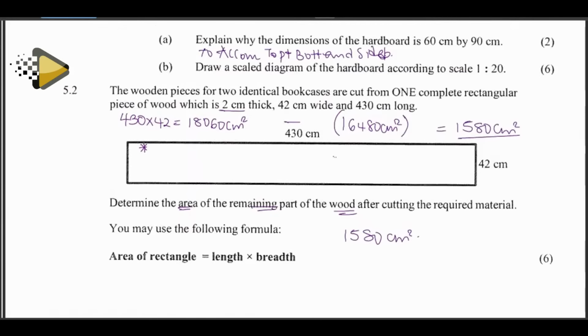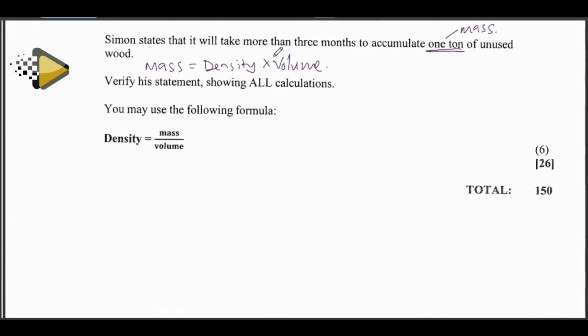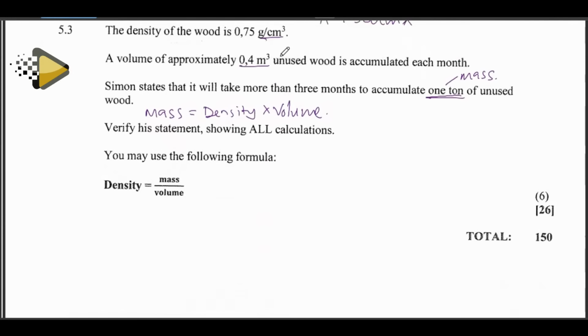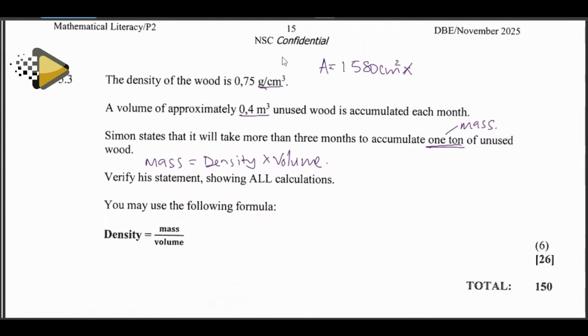We are looking for the volume of the unused wood. So we get the area times the 2, which will become 3,160 centimeters cubed.